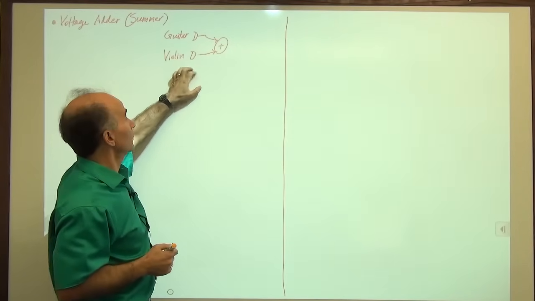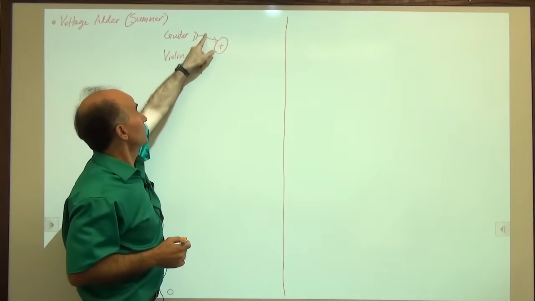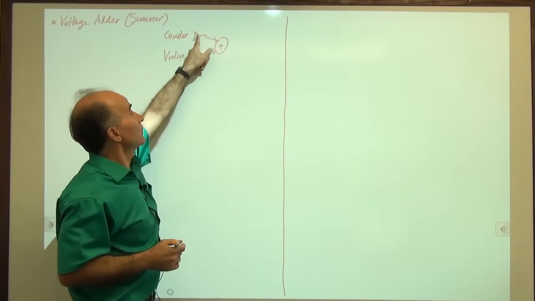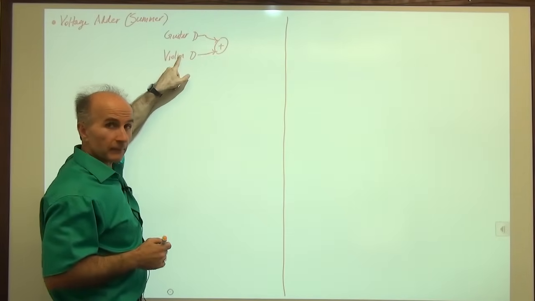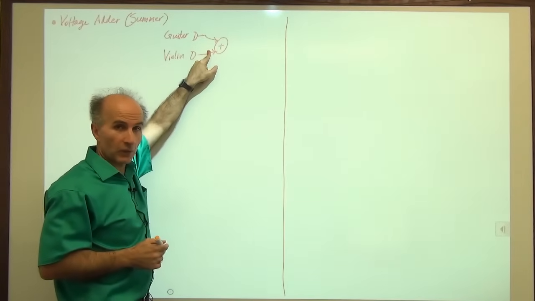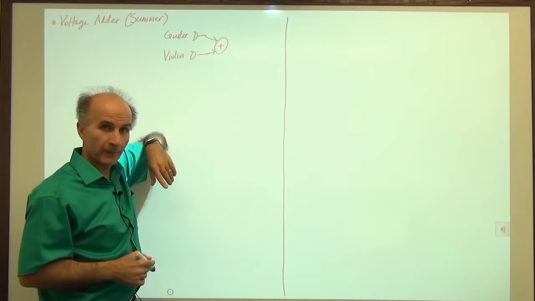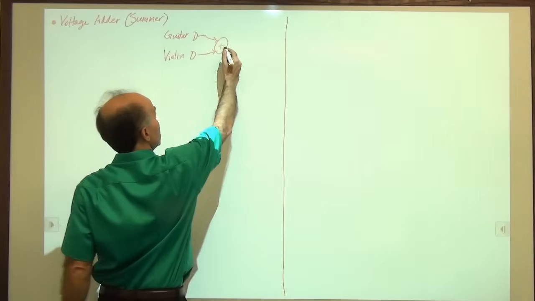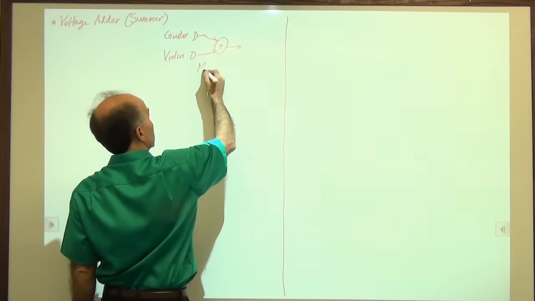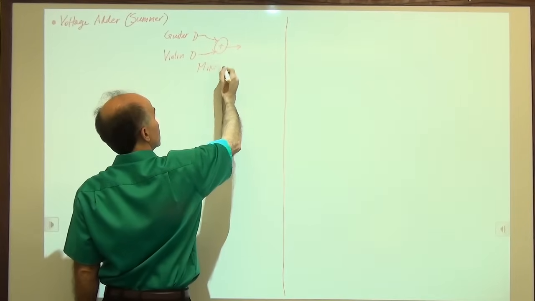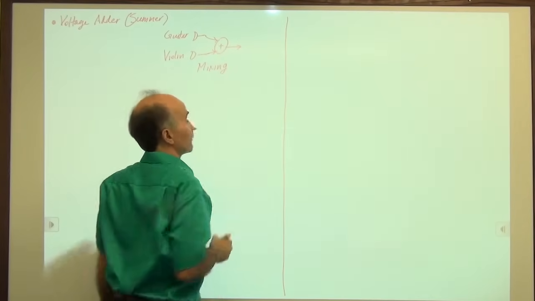So not only do I want to add, I also want to be able to adjust how much of this voltage goes this way and how much of the voltage goes this way. In other words, I want to add weighting factors to these two voltages. And this is what we call, in the music industry, mixing.